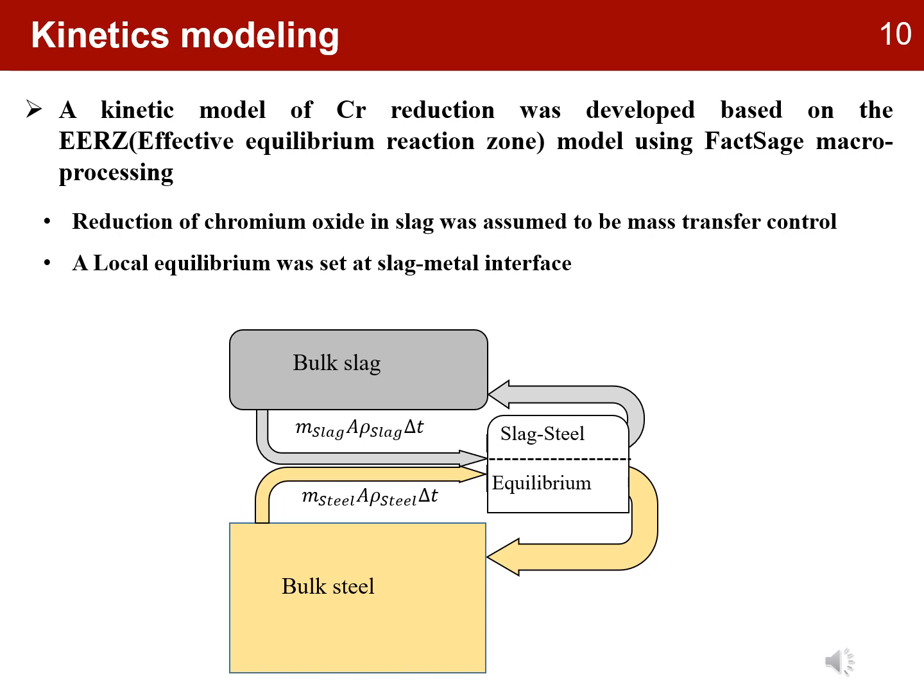As you can see, a fraction of slag and a fraction of steel move to the slag-steel interface. After a local equilibrium, the oxides will move back to the bulk slag, while the metal will move back to the bulk steel. After that, the slag and steel compositions will be refreshed.